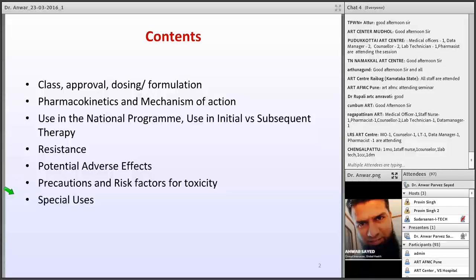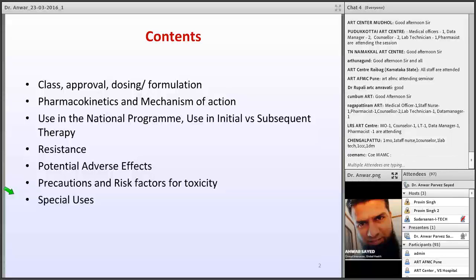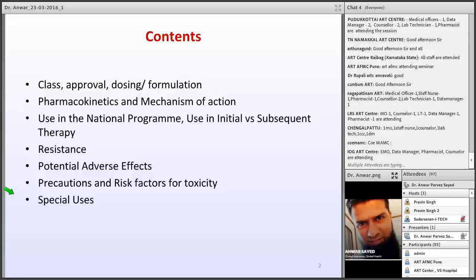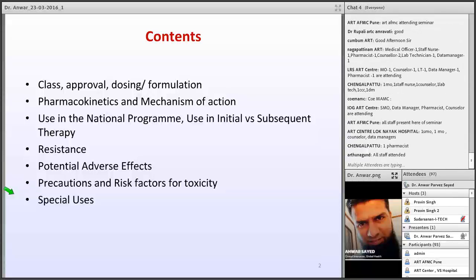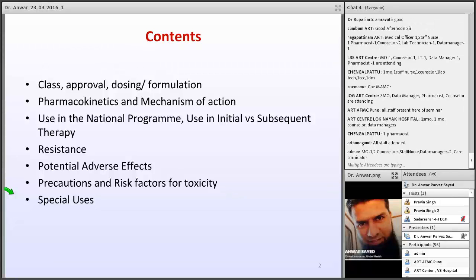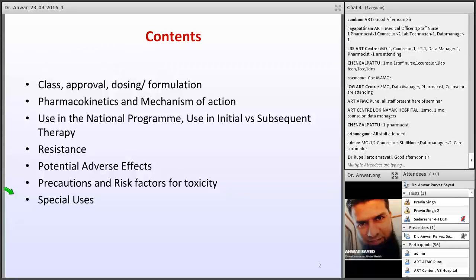This tenofovir disoproxil fumarate is the first nucleotide reverse transcriptase inhibitor licensed for the treatment of HIV infection. So in this session we will be talking about a few things regarding class, approval and dosing; about the mechanism of action, which will be important for us to understand the toxicities; then the use in the national program as first line and also as subsequent therapy; a few things about resistance and how the second-line therapy has been planned, what is the basis for that; then potential adverse effects.